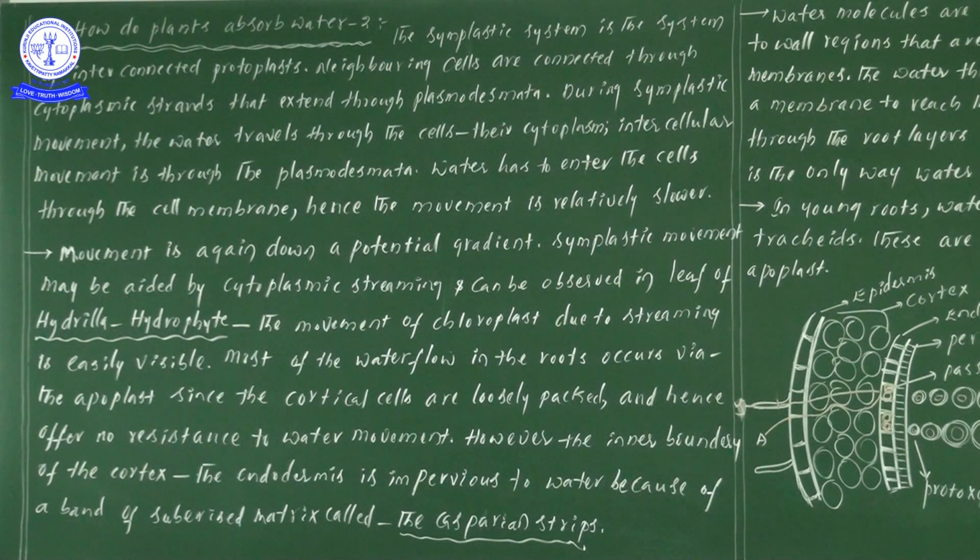Likewise here also, the movement is again down a potential gradient. That is the point we can understand clearly.